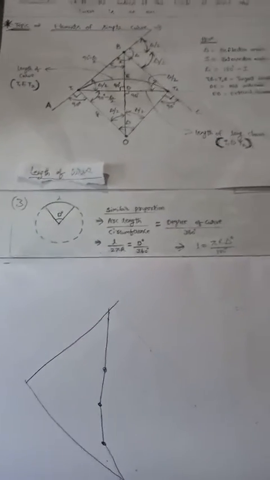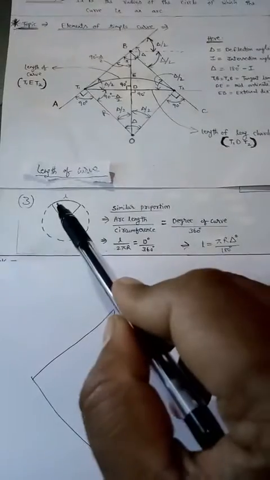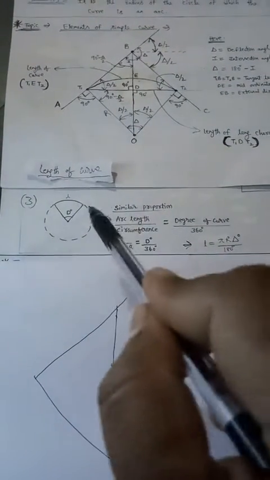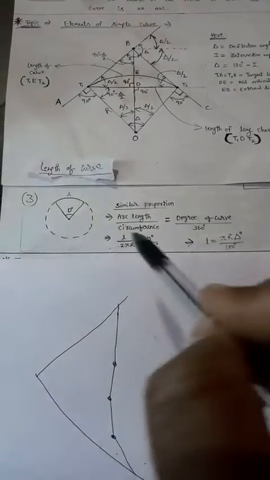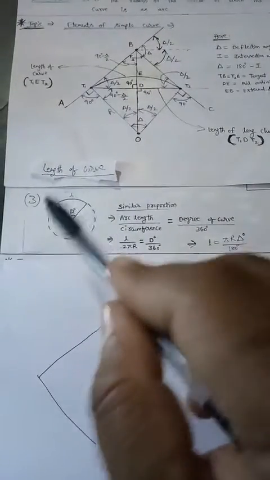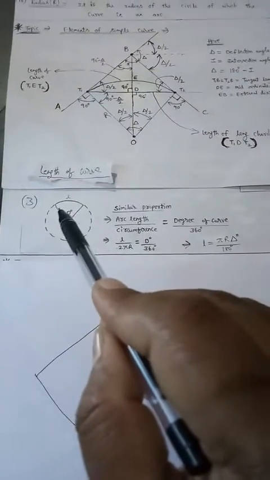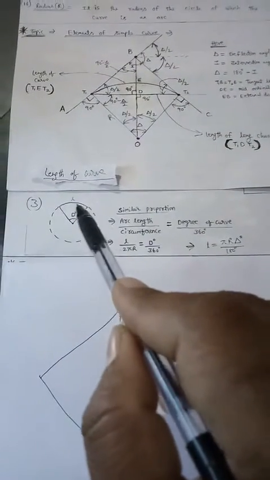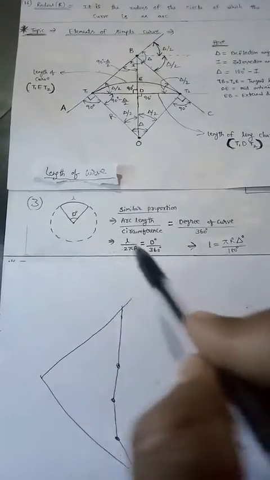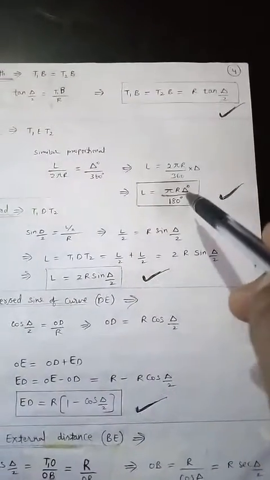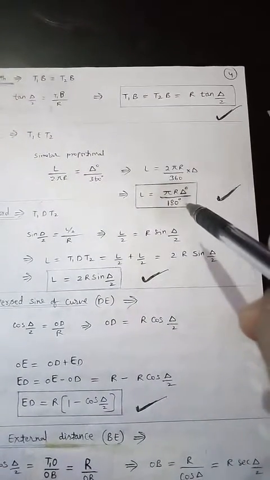Arc length is small l, circumference is 2 pi r, so l over 2 pi r equals delta over 360 degrees. Finally, length of arc l equals pi r delta by 180 degrees. This indicates the length of curve.